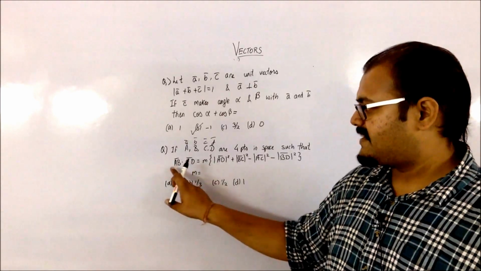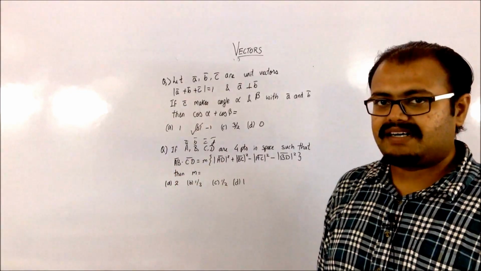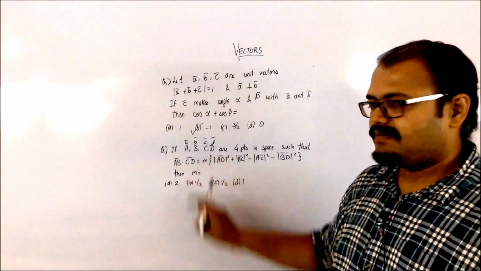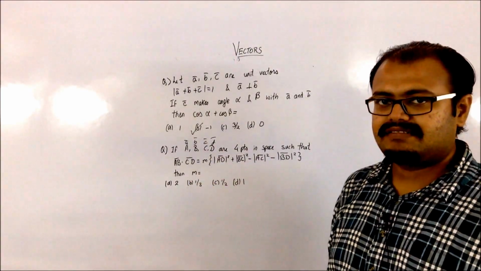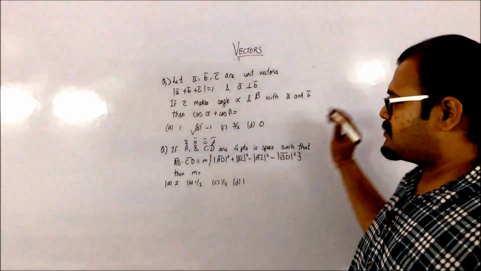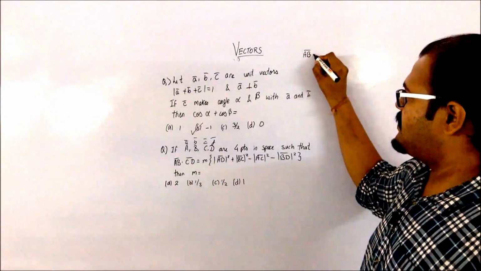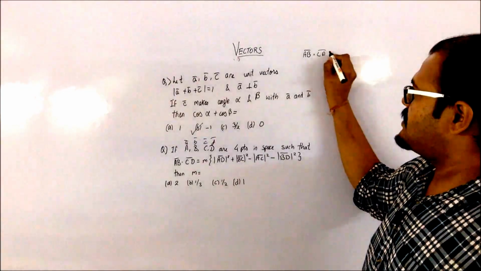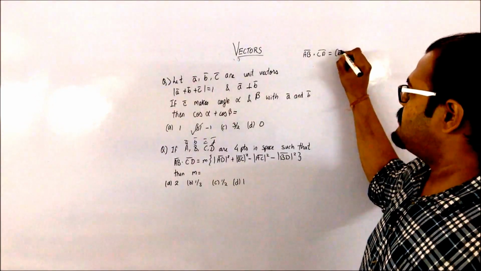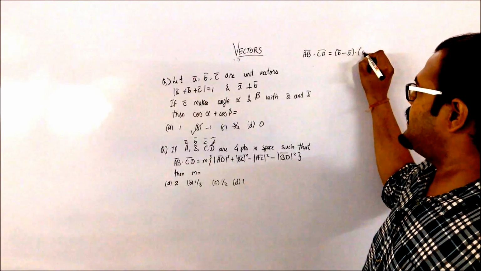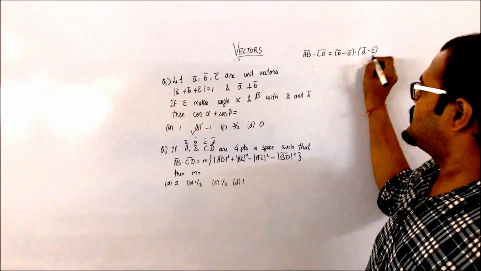So if I want to find my AB bar, it's going to be B bar minus A bar, and CD bar will be D bar minus C bar. So if I want to take the dot product of that, my AB bar dot CD bar is nothing but B bar minus A bar dot D bar minus C bar.